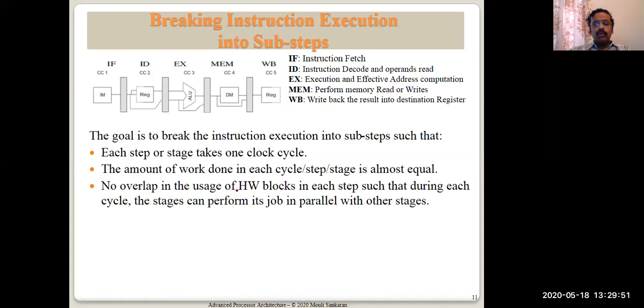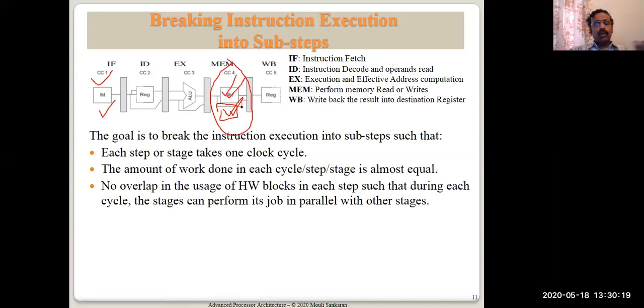No overlap in the usage of hardware. One more important thing is, I cannot say that I will access data memory here and I also want to access instruction memory here. If I say that, what happens? Suppose during this stage, I want to access data memory as well as instruction memory. I cannot access the instruction memory during the same cycle because some other instruction is going to be in this stage.